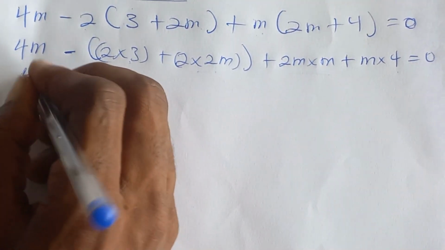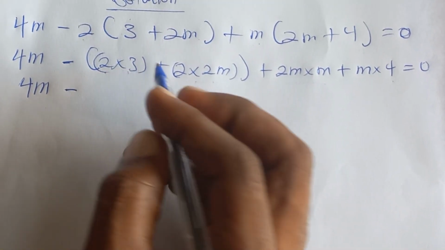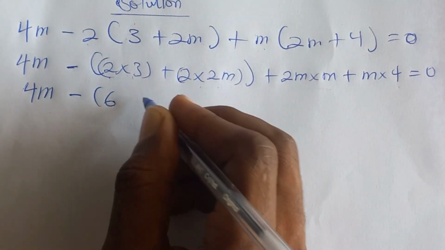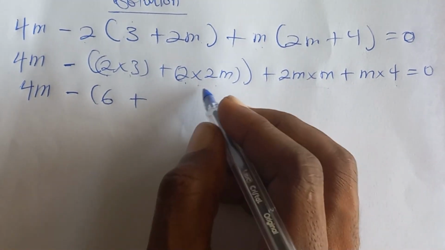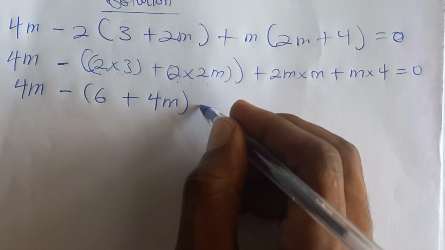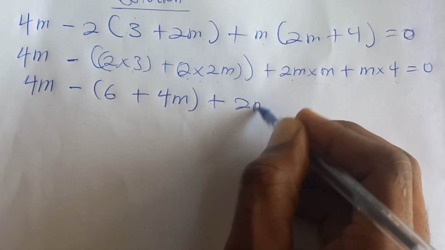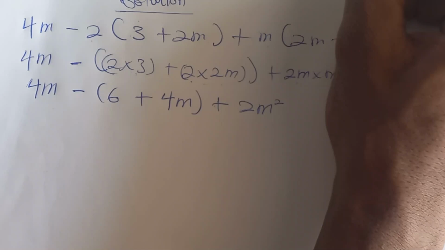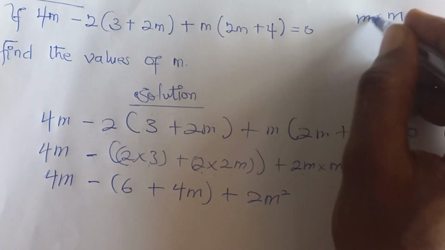So we get 4m minus 2 times 3, get 6 plus 2 times 2, which is 4, then the m, so it will be 4m plus 2 times 2m is 2m squared, okay? So it's m times m, you see, which is m squared.